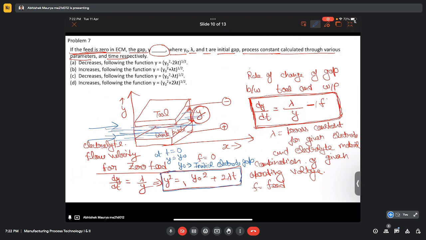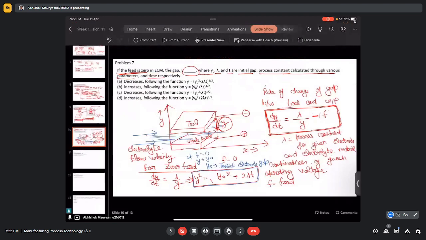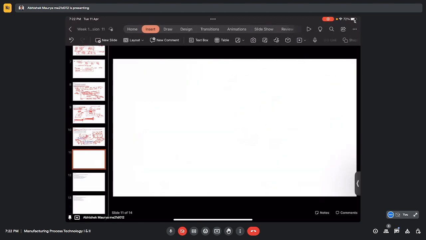Okay, I need some more space. So this is the equation we got. This is the relation between the gap between the workpiece and tool at some time t.